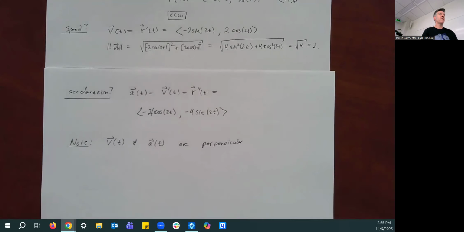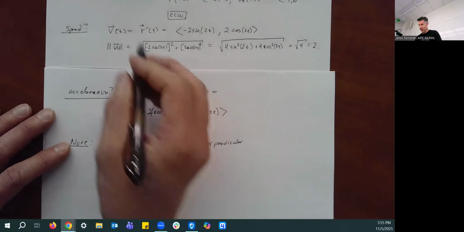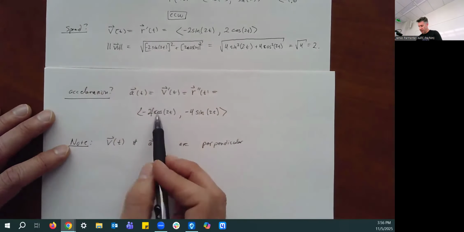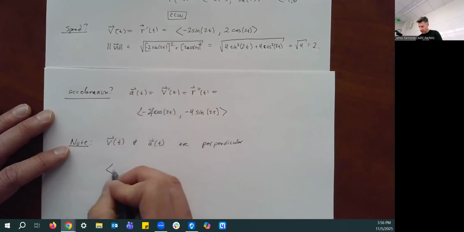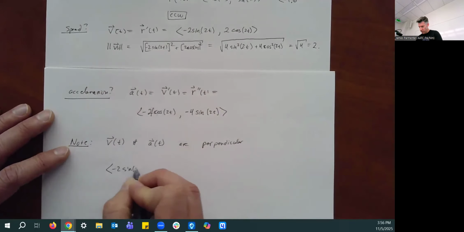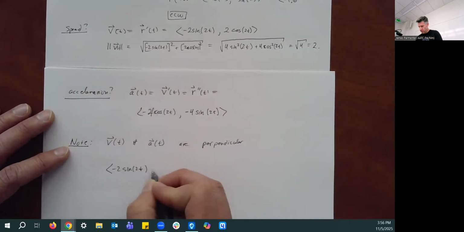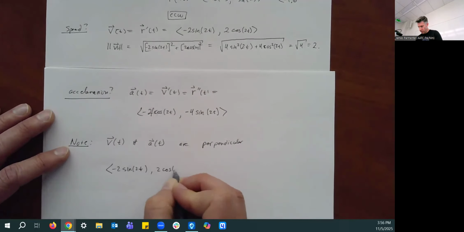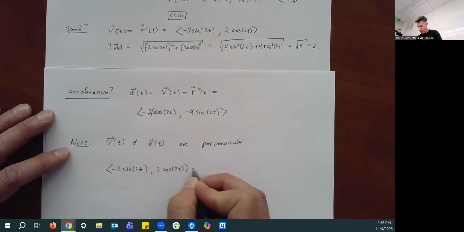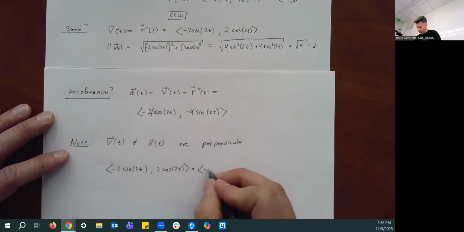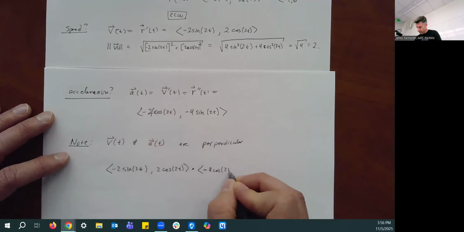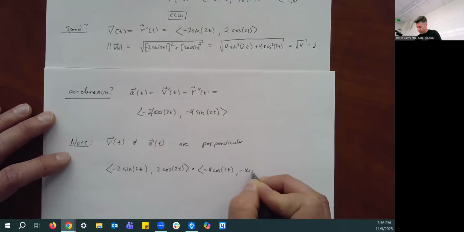We would check to see if their dot product is zero. So we're going to look at our V of t and our A of t. We've got -2 sine of 2t, comma, 2 cosine of 2t, dotted with -4 cosine of 2t, comma, -4 sine of 2t.